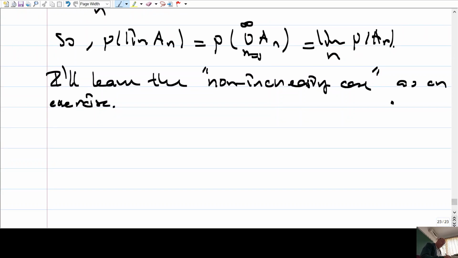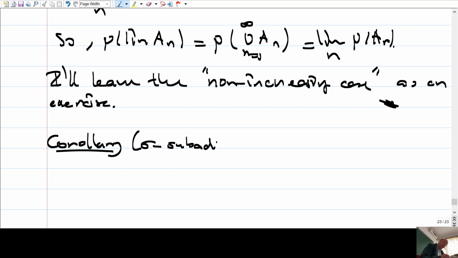Okay. So we have a corollary, sigma sub-additivity.